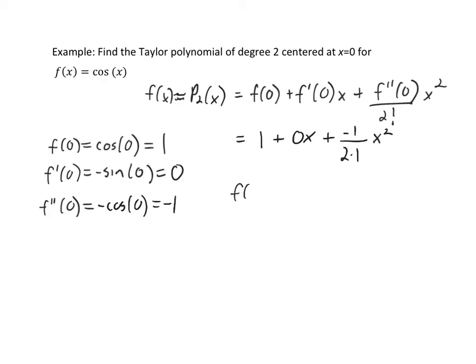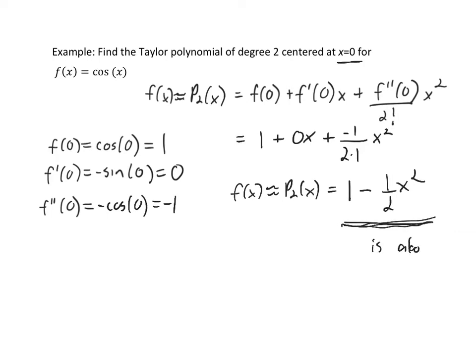So f of x is approximately p2 of x, which equals 1 minus 1/2 x squared. So near x equals 0, 1 minus 1/2 x squared is about the same thing as cosine of x.